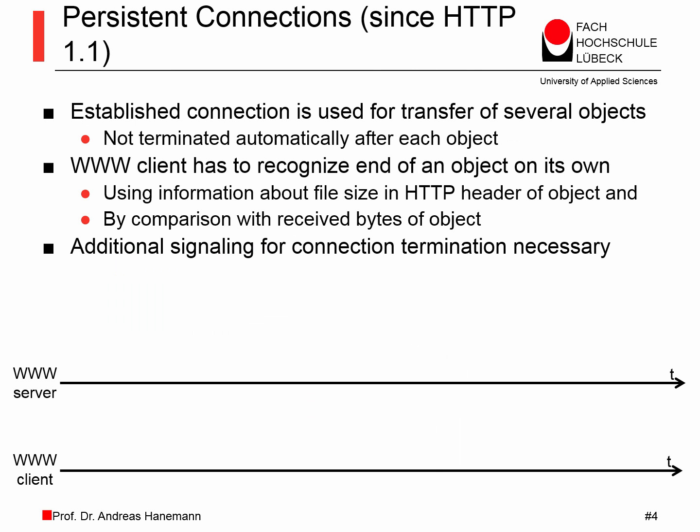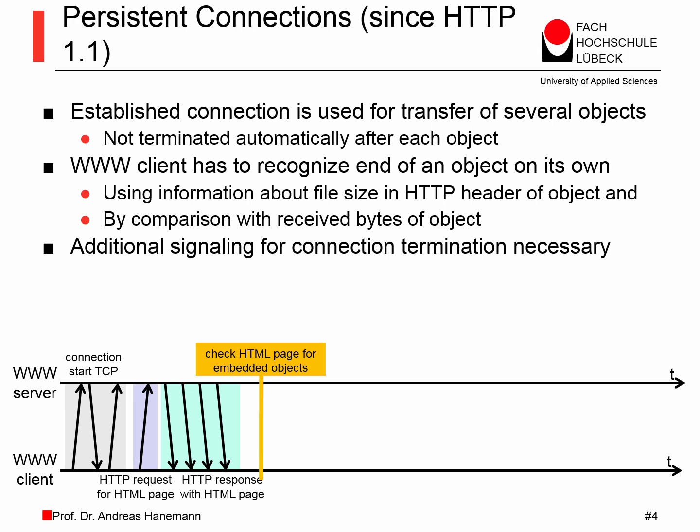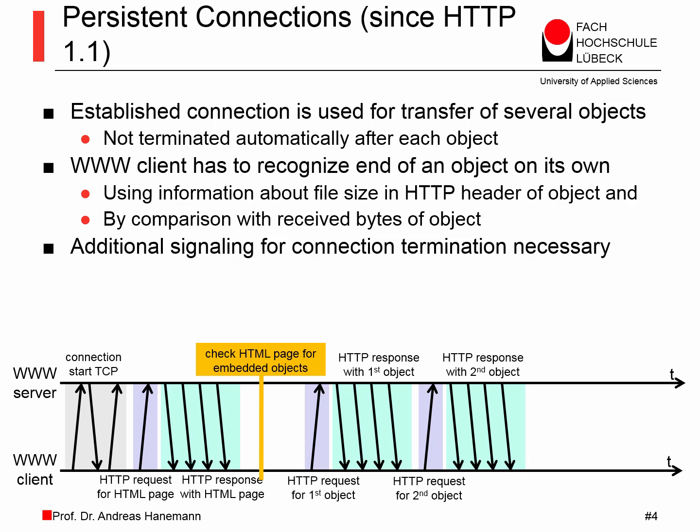The next method is called persistent HTTP. Its idea is not to open and close TCP connections all the time, but to do all requests for objects within one TCP connection. Therefore, there is only one TCP connection, so that the overhead for repeated 3-way handshakes and 4-way closes is avoided.